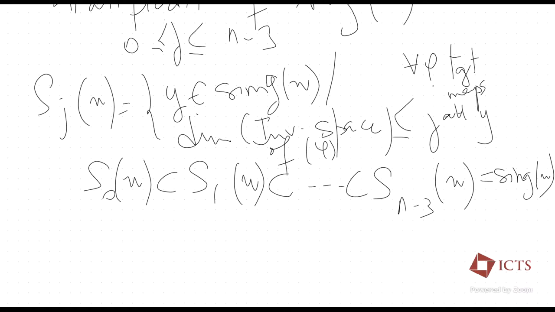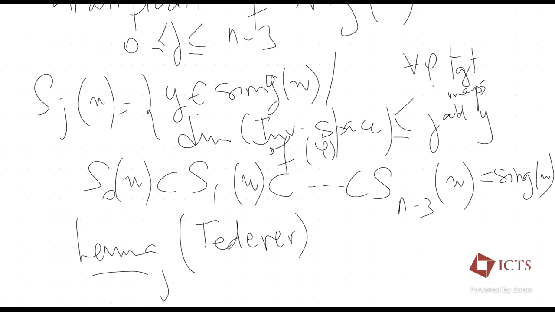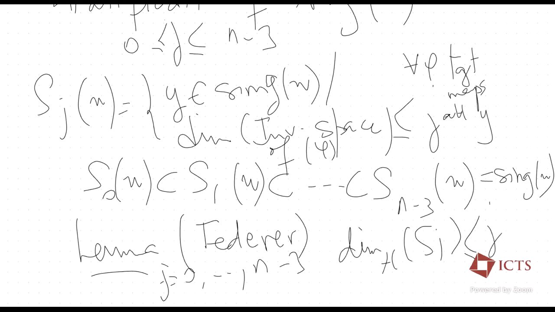Then the lemma, called the dimension reduction of Federer, tells us that for any of the J's, the Hausdorff dimension of the singular strata is at most J. And from there, you get the dimension bound.